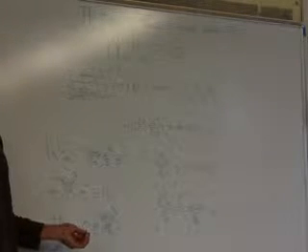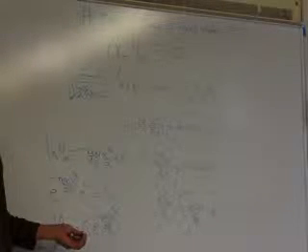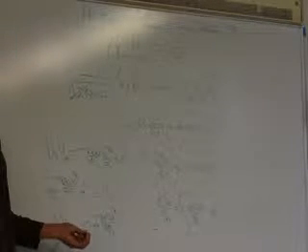Our goal was to solve this messy differential equation, right? But what we did is we used these raising and lowering operators, and we just solved for one state, the ground state. So we didn't solve for them all. We solved for one. But now can I solve for another one?